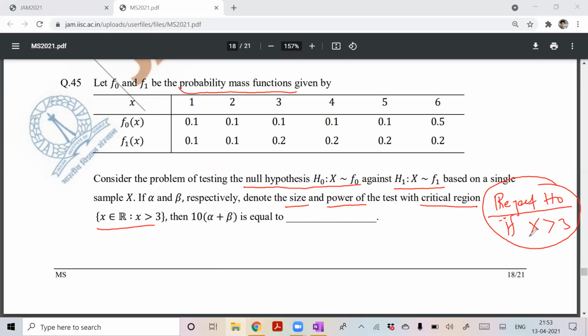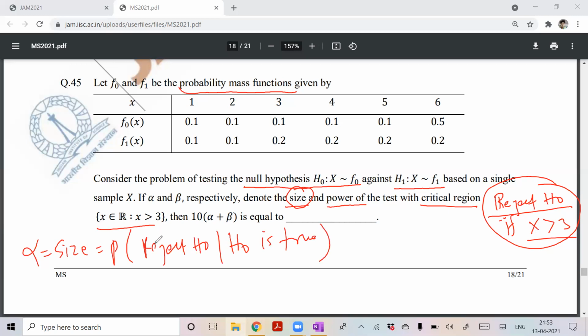So you will reject H0 when X is more than 3. Okay, so alpha is size. The size of the test is the probability of rejecting H0 given H0 is true. So this is the formula.